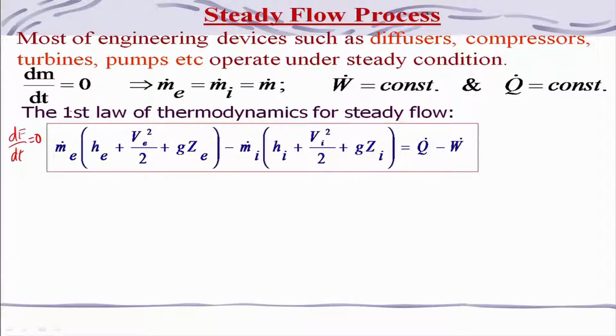So, we are not considering the unsteady terms for the steady flow. And since m dot inlet is equal to m dot exit, from the mass conservation for steady flow, I can divide throughout by m dot. So, what will I get?